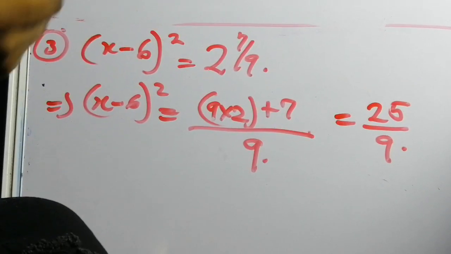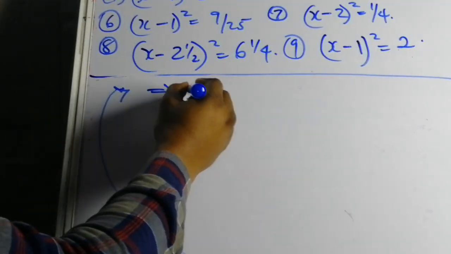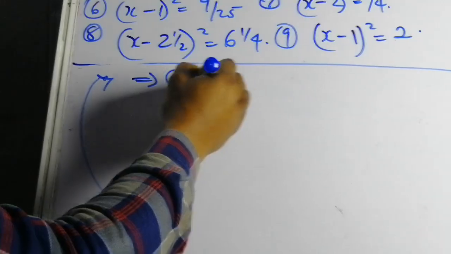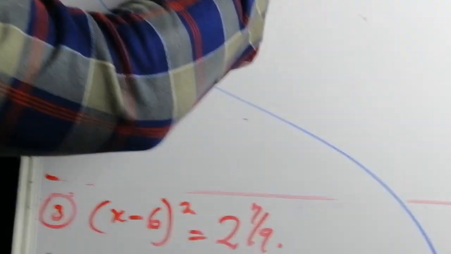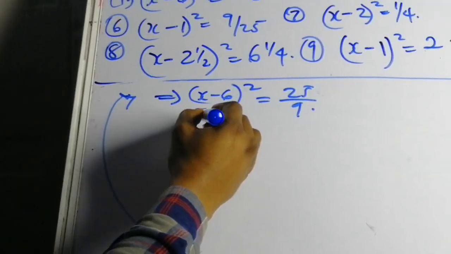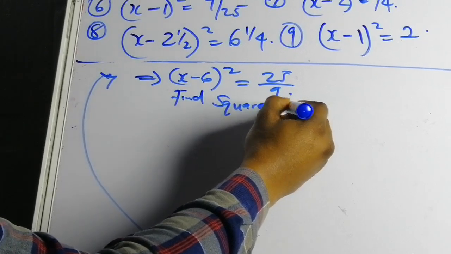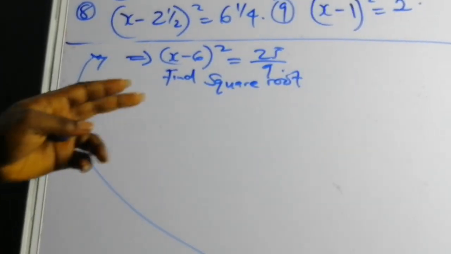Let's continue this one up here. So it implies that (x minus 6) squared equals 25 over 9. What do we do? Find the square root of both sides. I'm writing this so that you can understand it. If you see it in the objective, there's no need for you to write it.